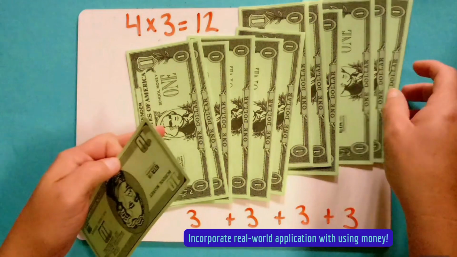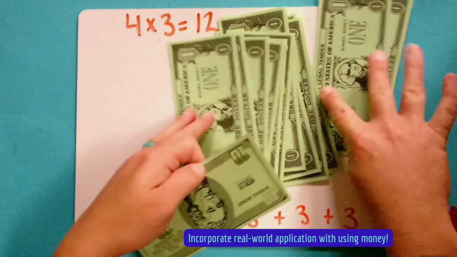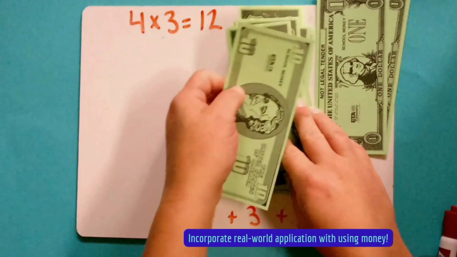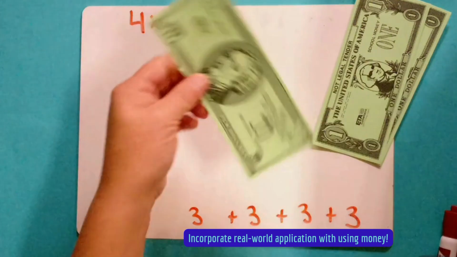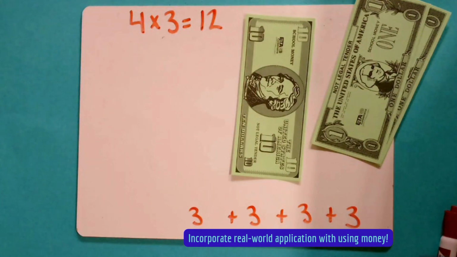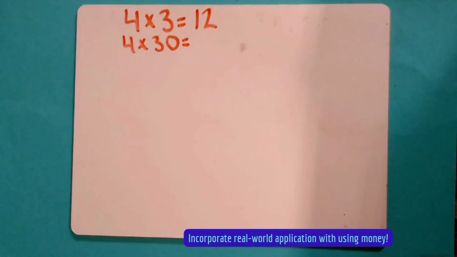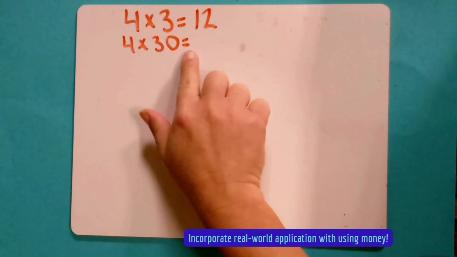Students can trade out the 10 $10 bills for a $100 bill. And then in the final example, now students can use the $100 bills to demonstrate 4 groups using the repeated addition.